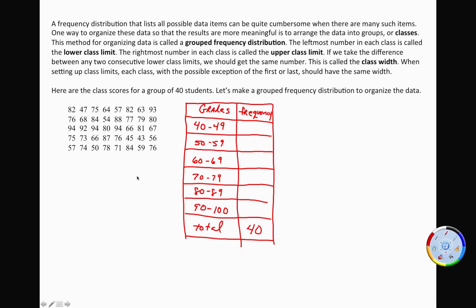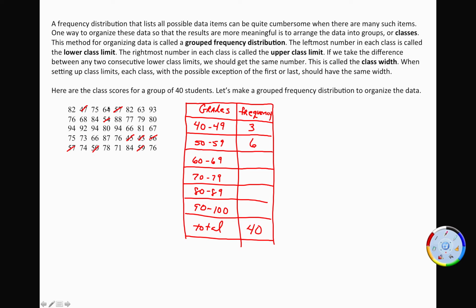I have 40 scores. So 40 to 49, how many fall in this 40 to 49 group? 1, 2, 3. 3 grades in the 40s. 50s, 1, 2, 3, 4, 5, 6.